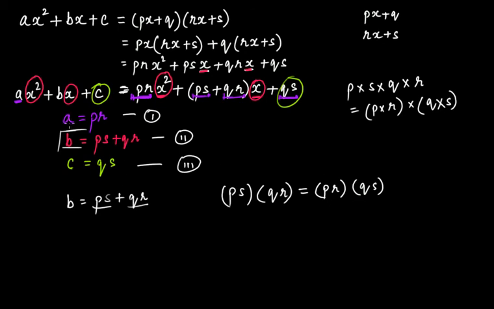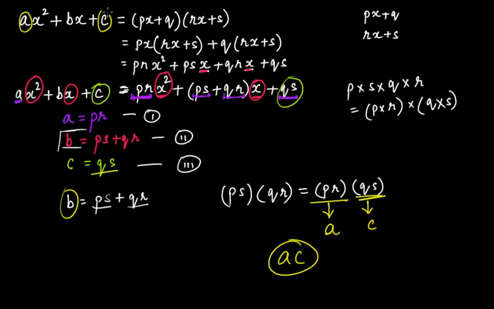Now, what's pr? pr is actually equal to a. What's qs? qs is actually equal to c. It means that the addition of two numbers will be equal to b, and the multiplication of these two numbers will be equal to ac, that is a multiplied by c.